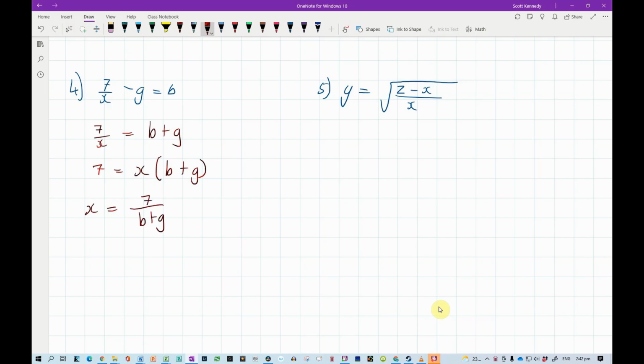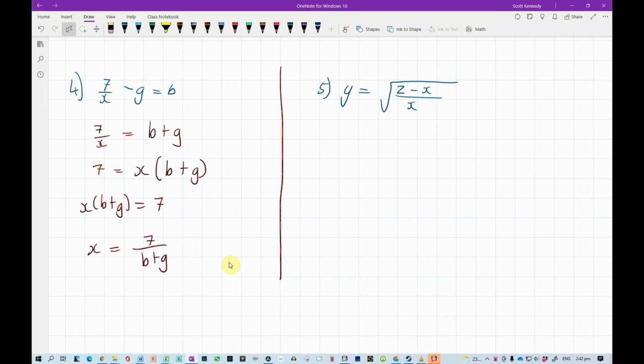And that one's done. Quite nice and easy. Maybe I'll just explain what I've done here. My next step, I went x bracket b plus g equals 7. I just swapped the sides, if you were a bit confused about that.